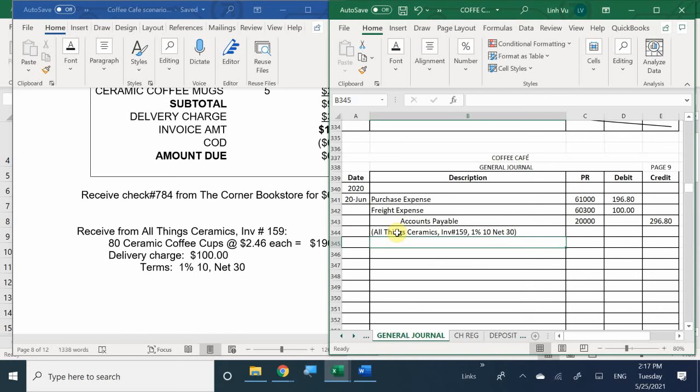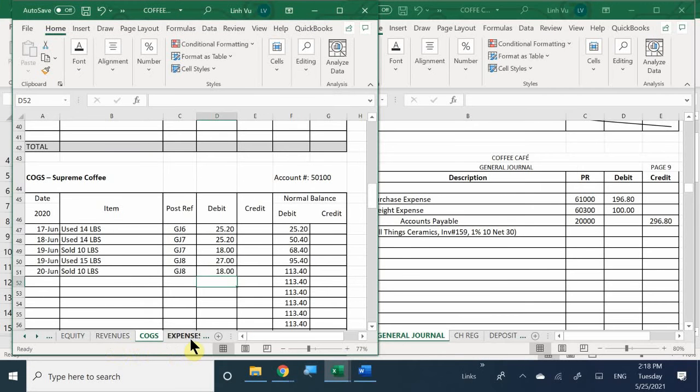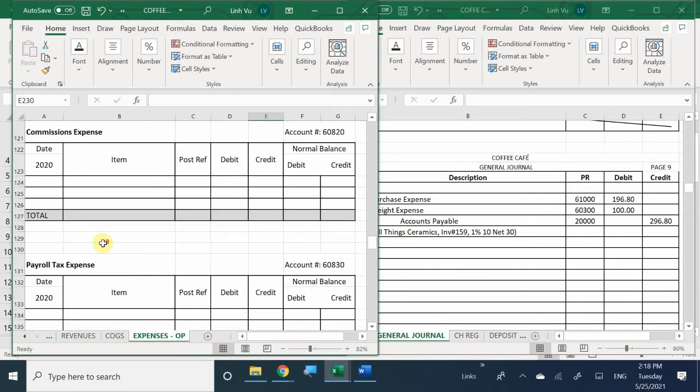Okay. Once we're finished there, we'll go to the general ledger under expenses. I did the freight expense first just because it's closer to the top.